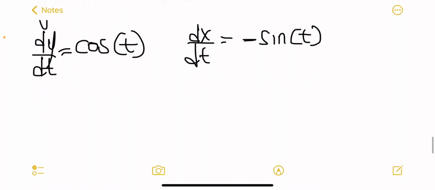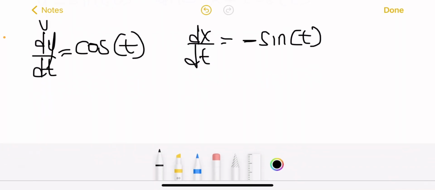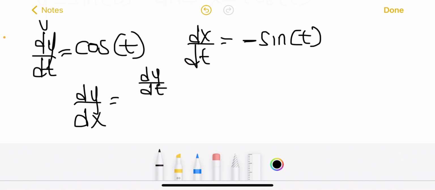Last thing that we must do now is to find dy over dx, because they said find dy over dx. So how can we find dy over dx if we have dy over dt and dx over dt? We know that dy over dx will be equal to dy over dt over dx over dt.